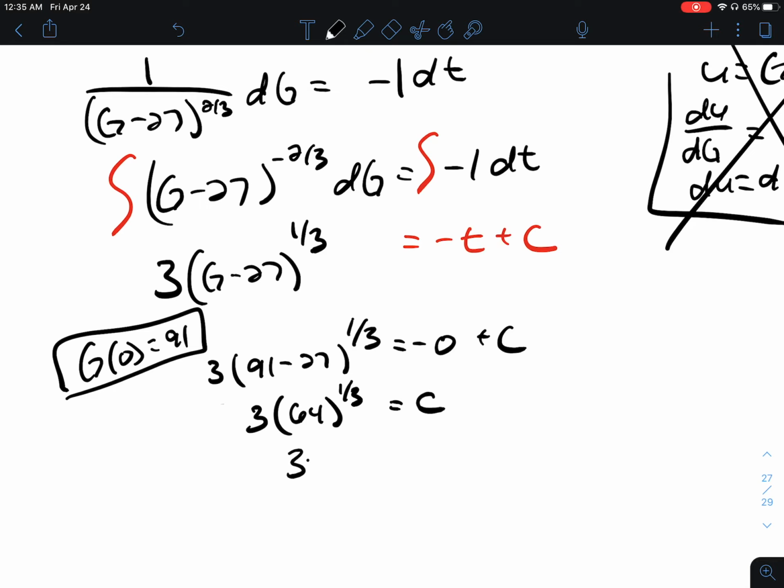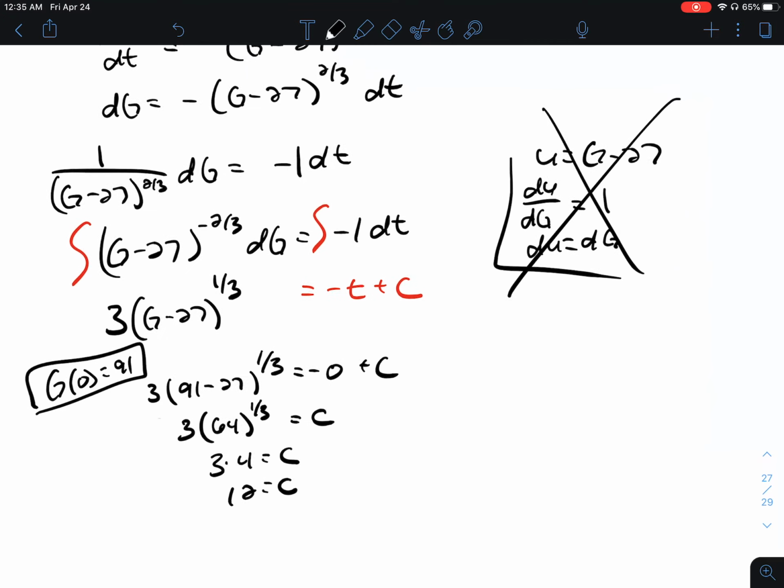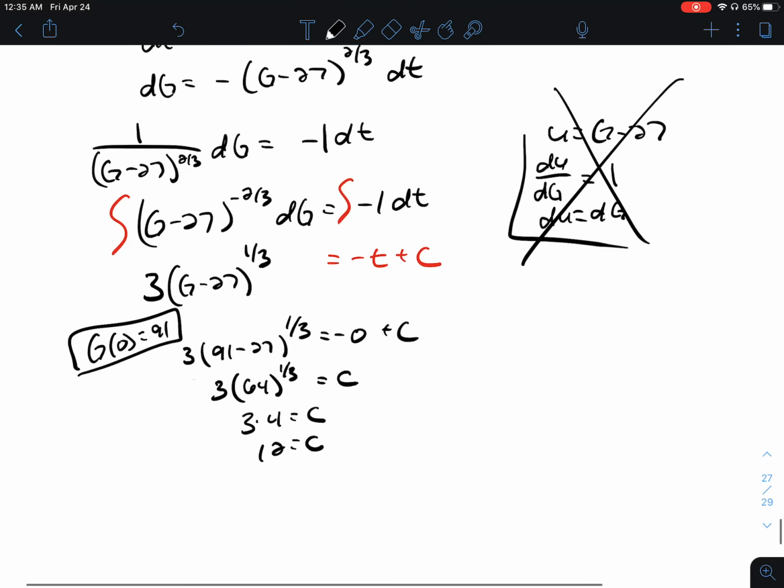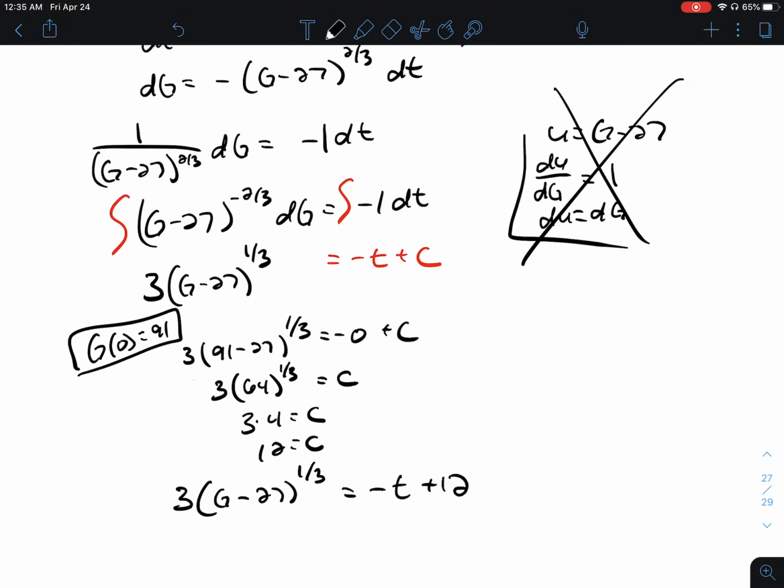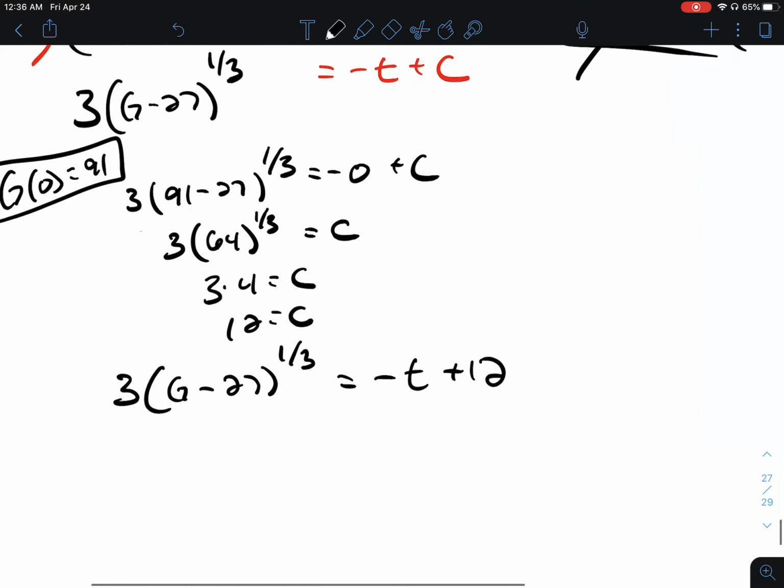That's 4. So C is 12. So that means that I can put a 12 in right here and get 3 times the difference of G and 27 to the 1/3 equals negative t plus 12.